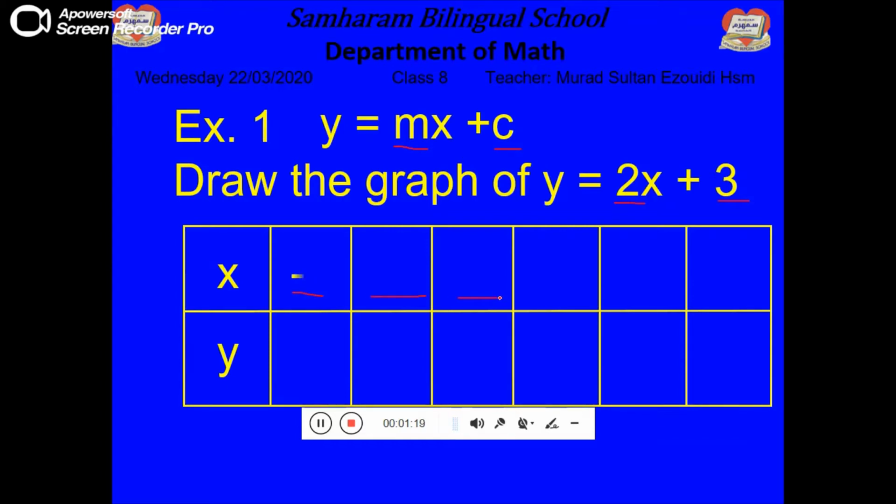So the first value is x equal -2. So y equals -2 multiplied by 2, which is -4, plus 3, gives -1. Then the next values of x are -1, 0, 1, 2, and 3.